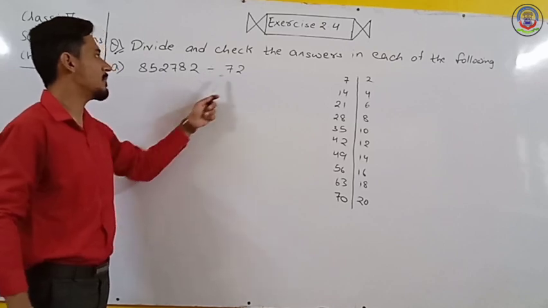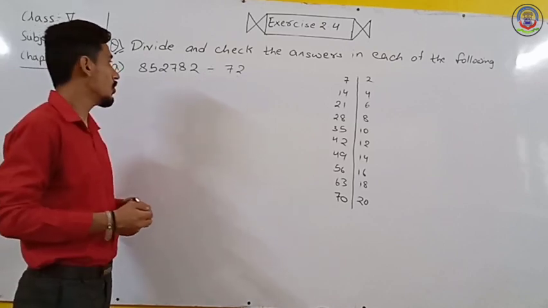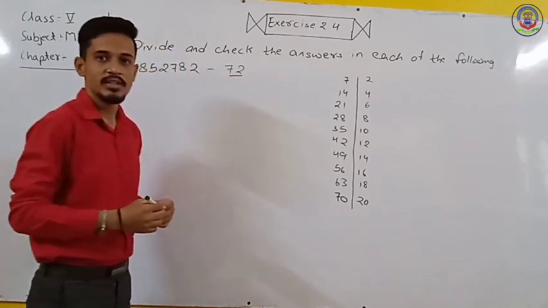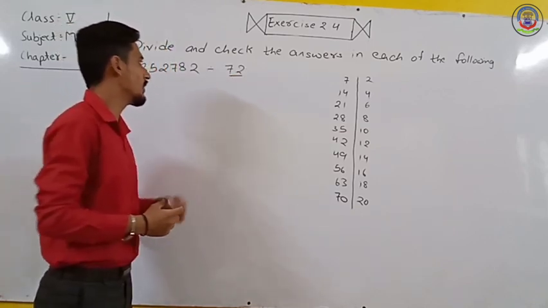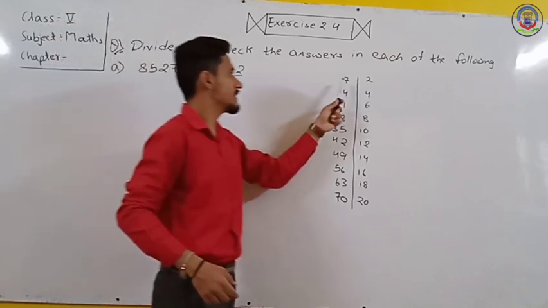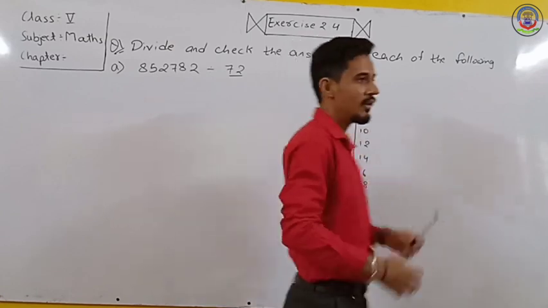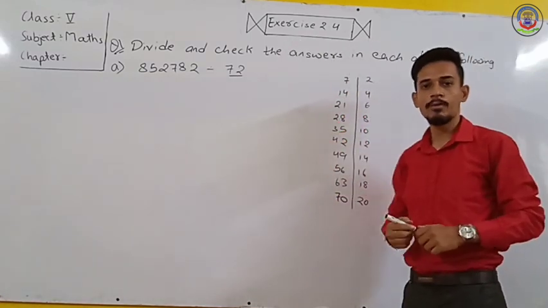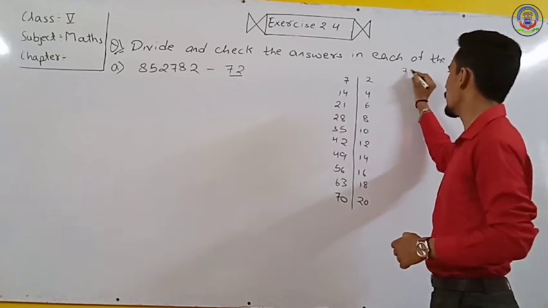8,52,782 divided by 72. So here it is a two-digit number. As we see that it is a two-digit number, how to learn the table of it. So let's start. Here it is the table of 7 and here the table of 2. So we want the table of 72. So we write the table of 72.